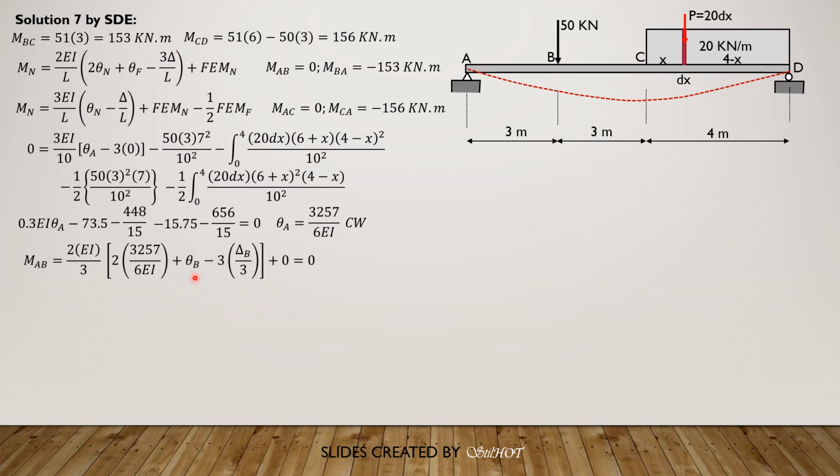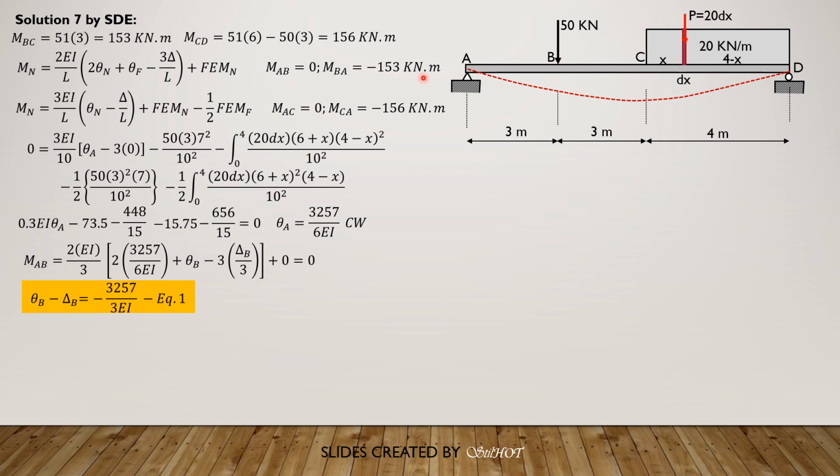So we can set up the first equation because we equate this to 0: theta B minus delta B equals 2 times 3257 over 6, which is negative 3257 over 3 after we transpose it over EI, equation 1.